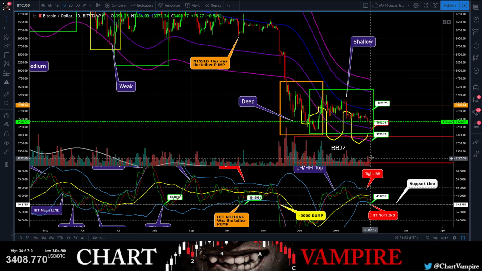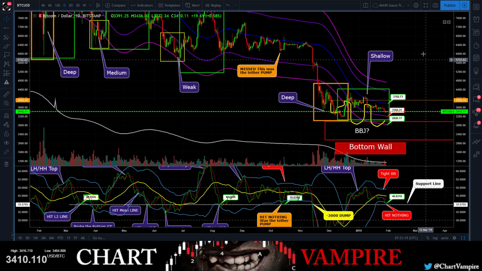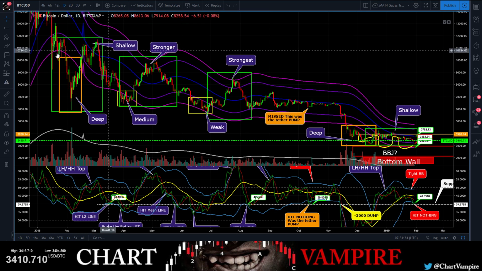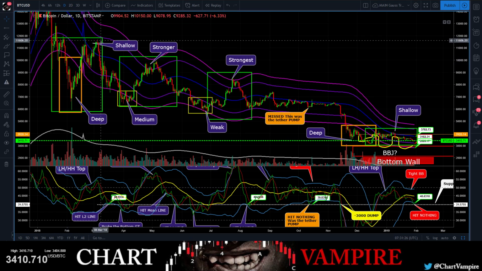I see a lot of people out there posting charts looking for 5,000 and stuff like that. Listen, 5,000 would be outside of the Gaussian trend line. It would be the largest reversal we've ever had. Look, down here, it's never busted it.